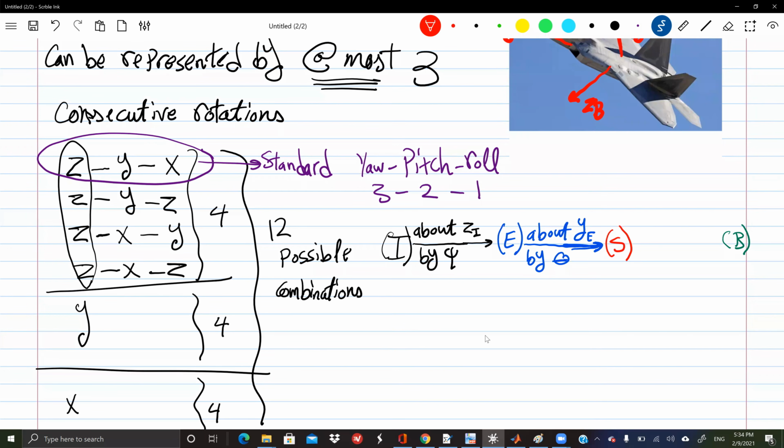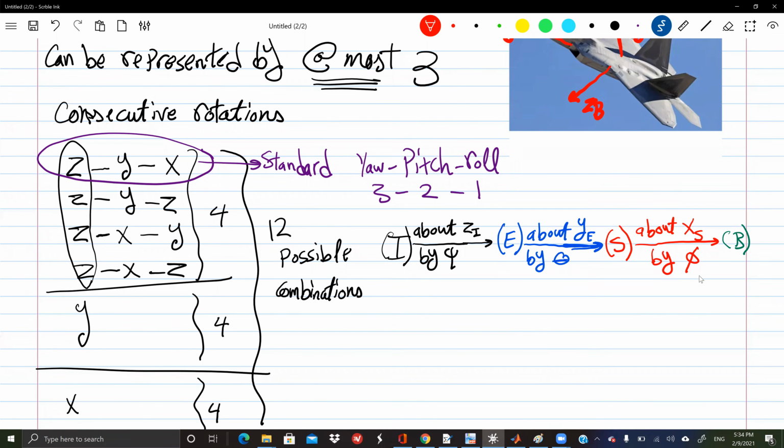And finally, this is rotation about what? Can you tell me? X. What X? Exactly, it's the most recent. I'm always rotating about the most recent. So this is X subscript S by some angle we're going to call phi.